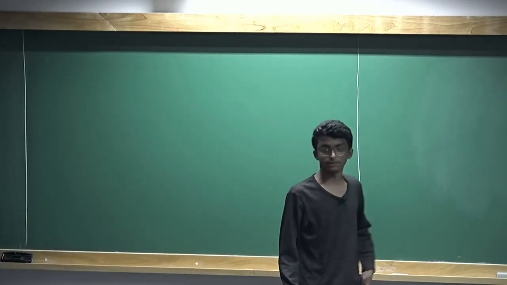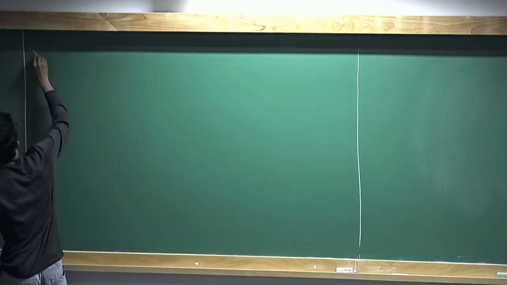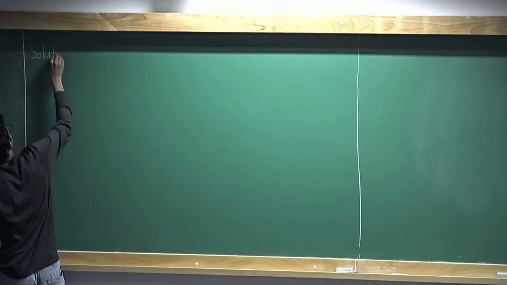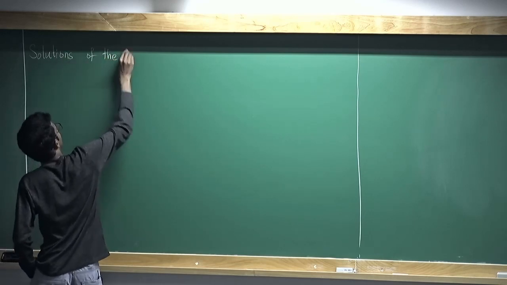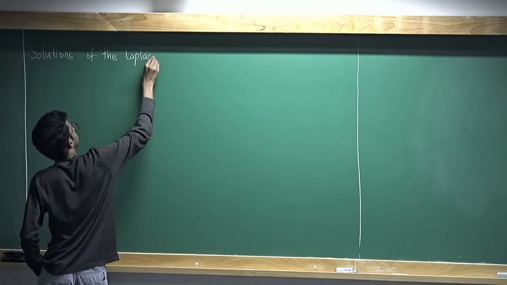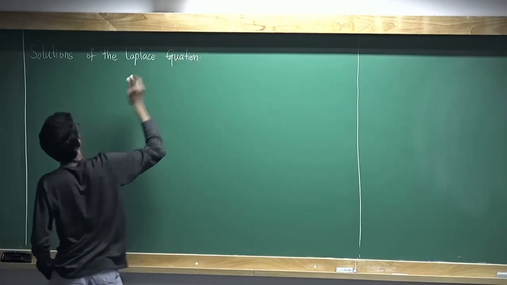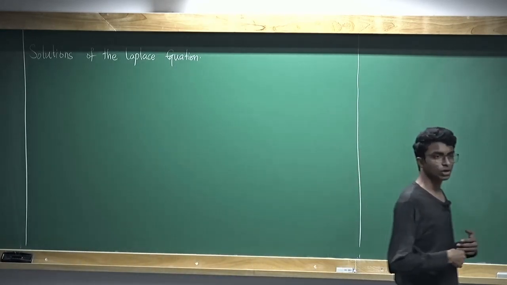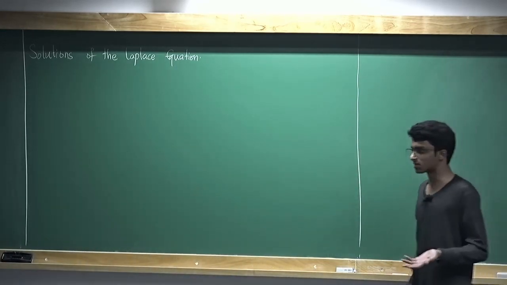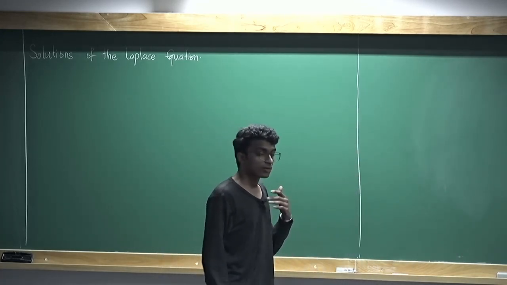Okay, so let's begin. Remember from the previous class that we've been interested in solving the Laplace equation. Last class we solved this in 2 dimensions, on a plane, and found all of the solutions, in particular all of the polynomial solutions.